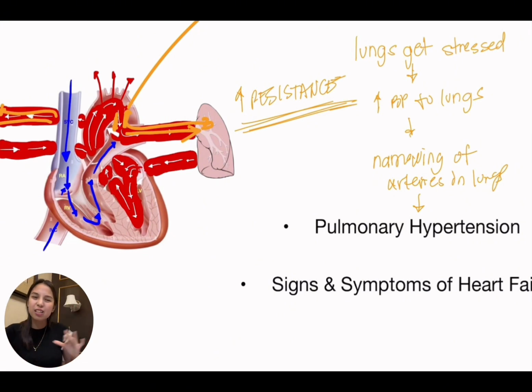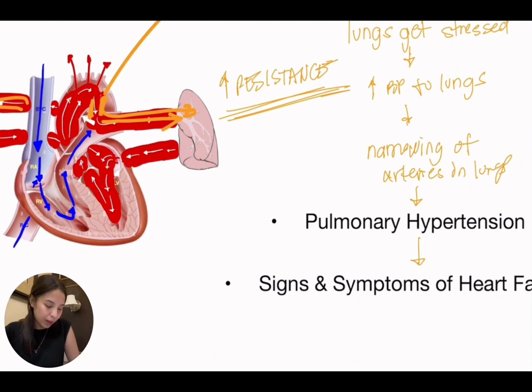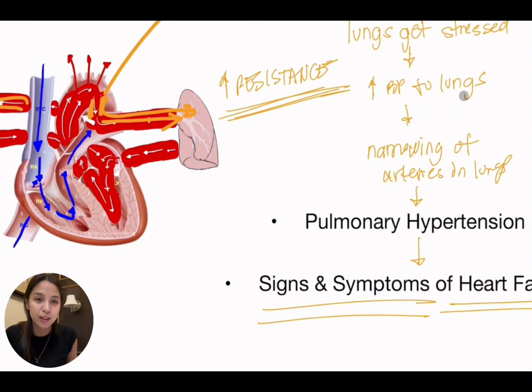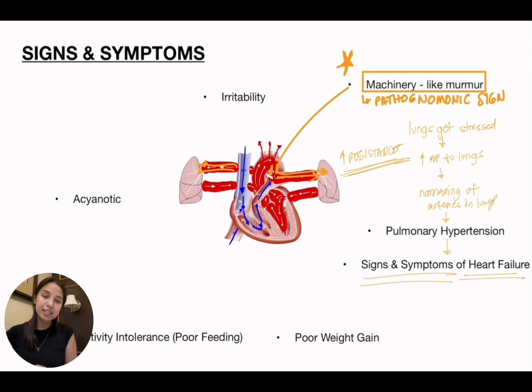Because the resistance is higher, your heart has to pump more and more, which eventually leads to your heart getting tired through time. It can't keep up anymore. And that leads to our signs and symptoms of heart failure. Your heart gets tired over time because of the increase in pulmonary blood flow. Did we understand up until that point?